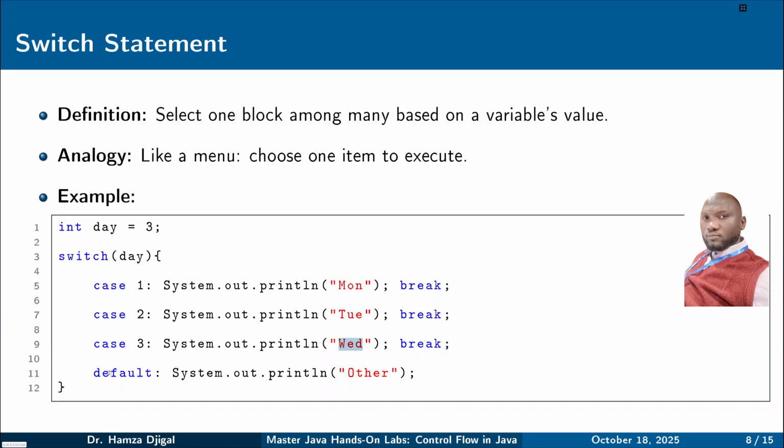Okay, and we have what we call default, which will print if none of the other options are satisfied. Sometimes, when you go advanced, you will see that there are restrictions on the type this value can take. It's not all data types that it will accept. We'll learn it later.